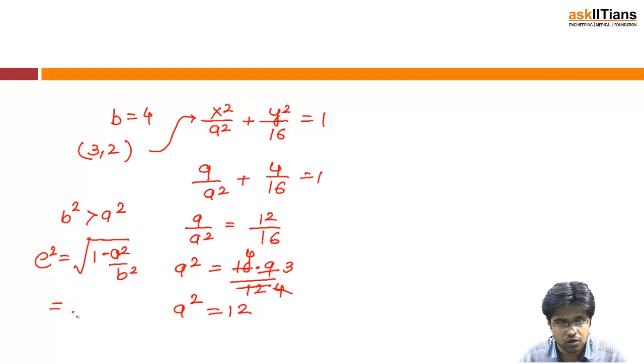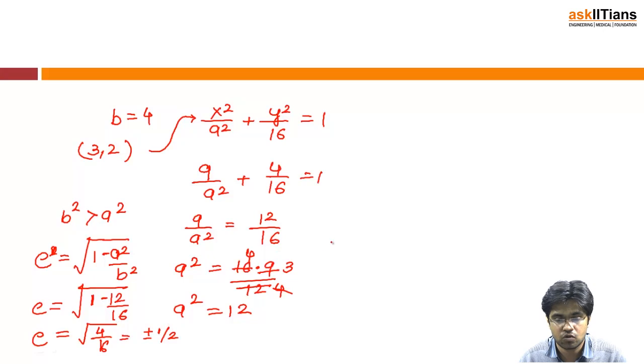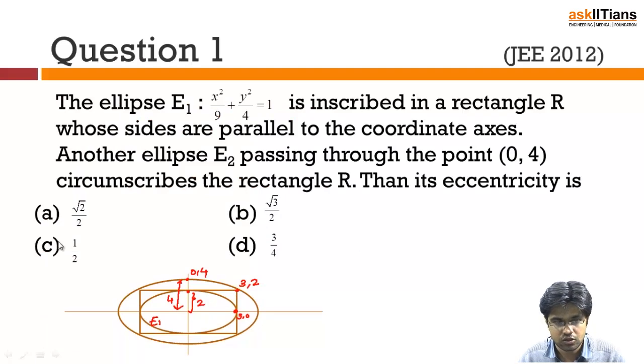That means square root of 1 minus 12 by 16, so that is 4 by 16, or 1 by 4, that is e square. e is plus minus 1 by 2. But again, as we know that eccentricity cannot be negative, my eccentricity is 1 upon 2. That means option number C is correct.